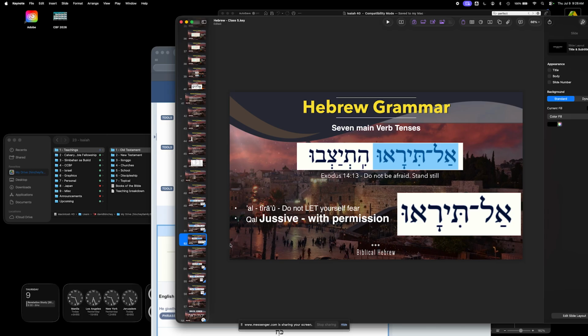The jussive, this is genuinely one of my favorite verses, and it's not just found in Exodus 14:13. It's all throughout the Old Testament. You'll find this particular jussive in this particular grammatical formation. Do not be afraid, stand still. So almost always with a jussive, you'll have this introduction of L before your actual verb.